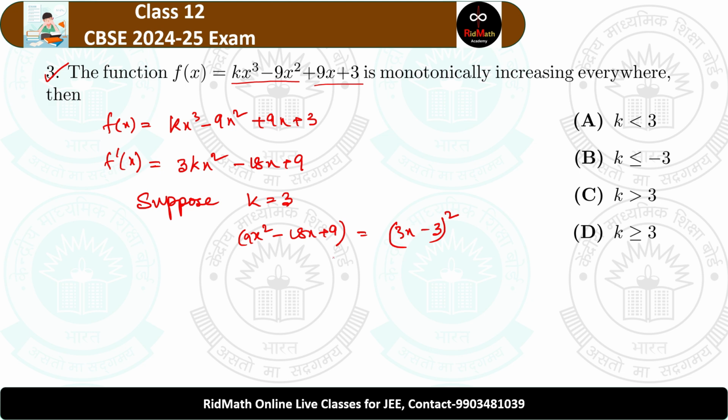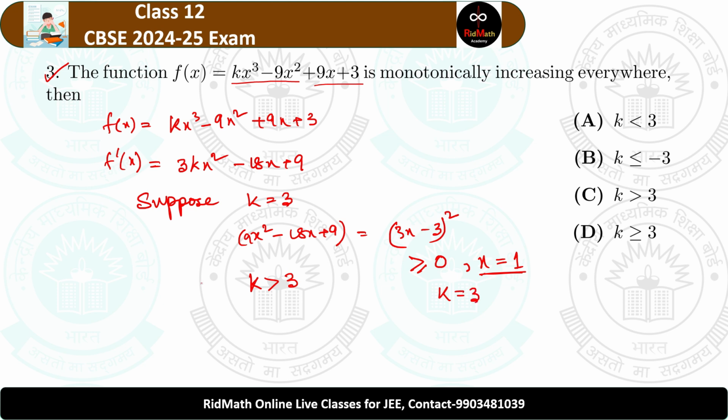That means this is greater than or equal to 0, and it is 0 at x equal to 1. At x equal to 1, f dash x is 0 when k equal to 3.